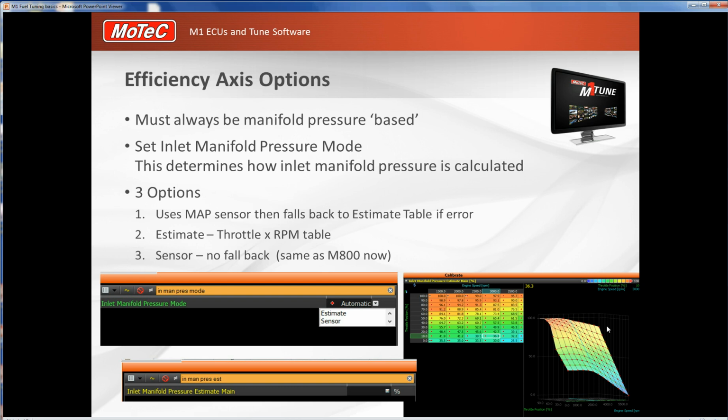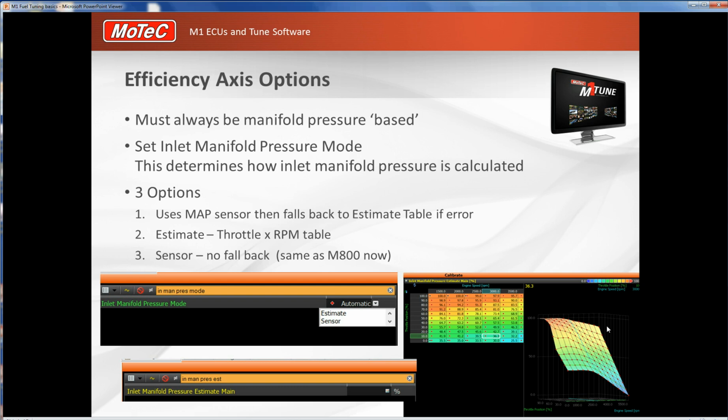So for this system to work, the M1 requires that the efficiency table have manifold pressure on its vertical axis. It's calculating airflow through the engine per kPa of air available to flow through it.